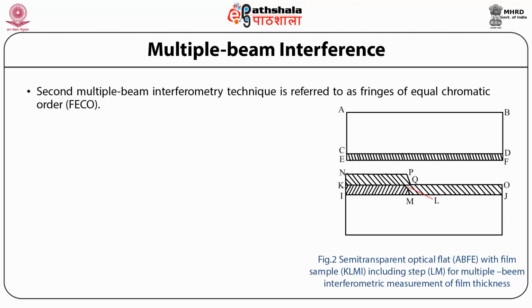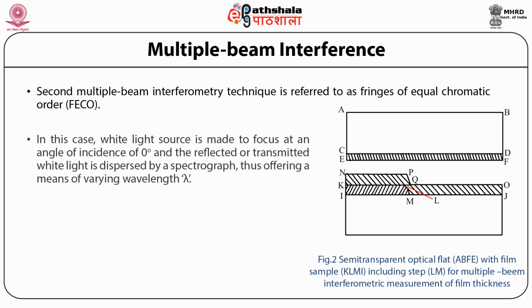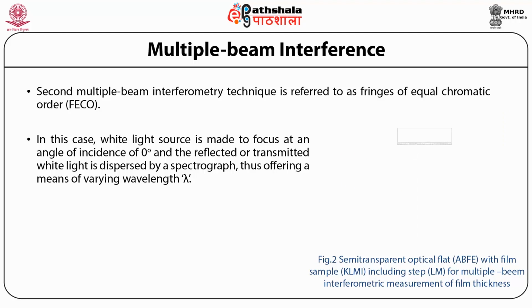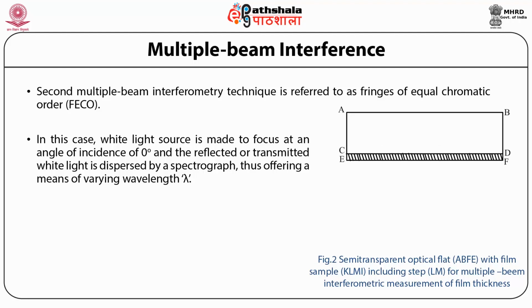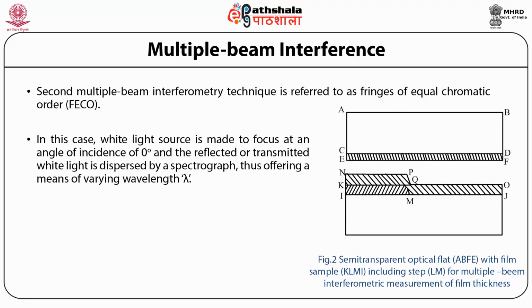The second multiple beam interferometry technique is referred to as fringes of equal chromatic order, or in short form FECO. In this case, a white light source is made to focus at an angle of incidence of 0 degrees and the reflected or transmitted white light is dispersed by a spectrograph, thus offering a means of varying wavelength lambda.